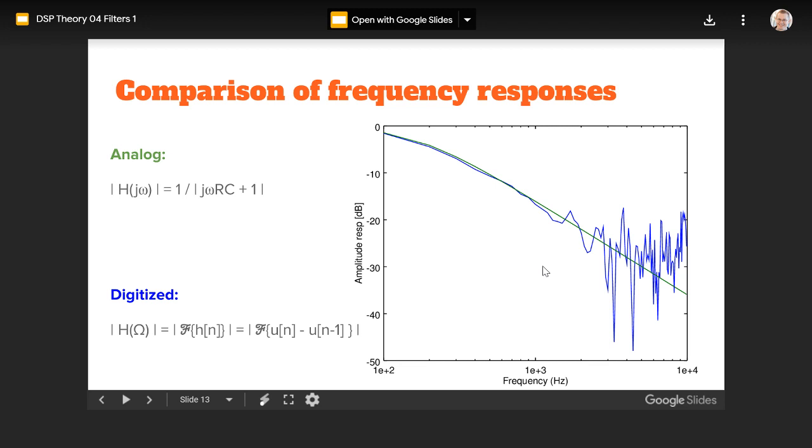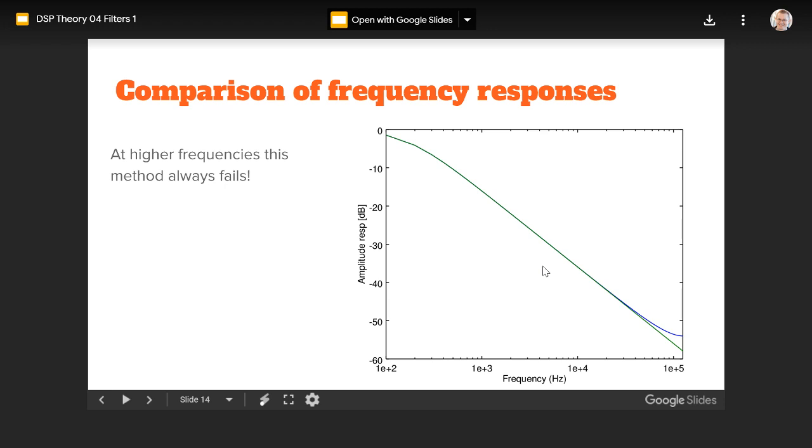Okay, but anyways, it can be done, but it has some bad sides, and by default this method always fails. The reason is the window function. You cannot wait for an infinitely long time. We don't have enough time to wait for the output to settle exactly on the final value.